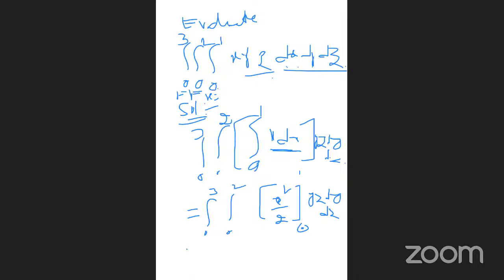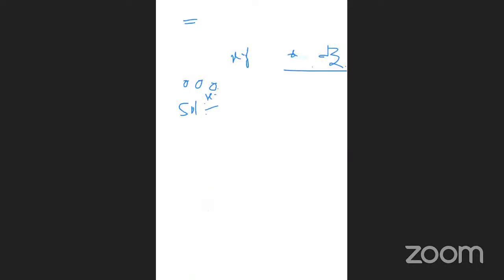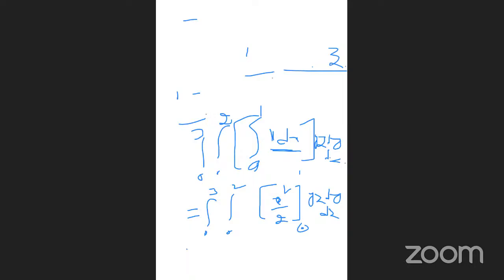Now this is x square y by 2, no? Now apply the limits. That becomes 1 by 2, with the integration from 0 to 3.